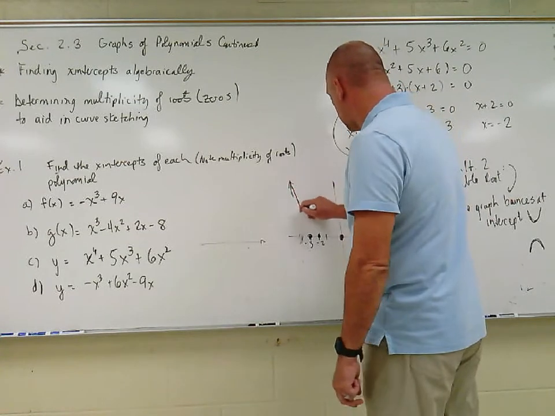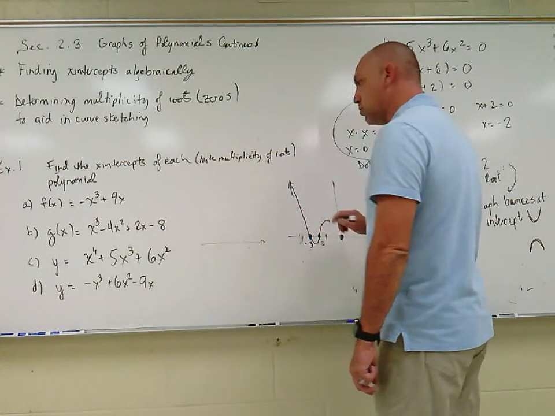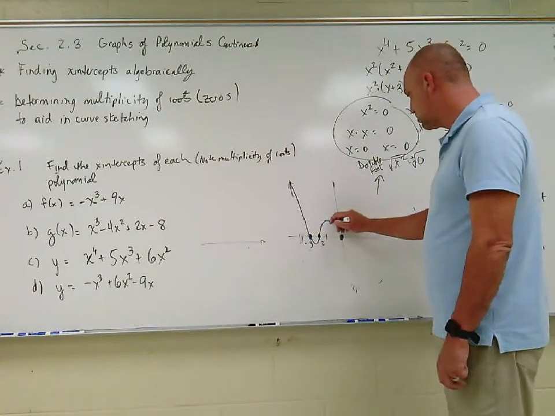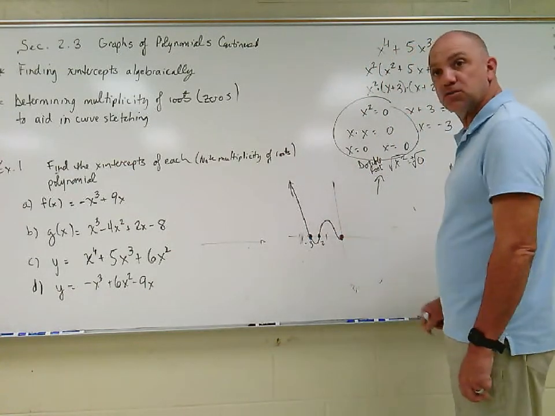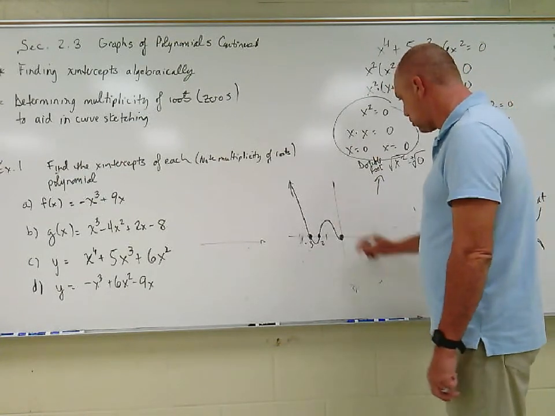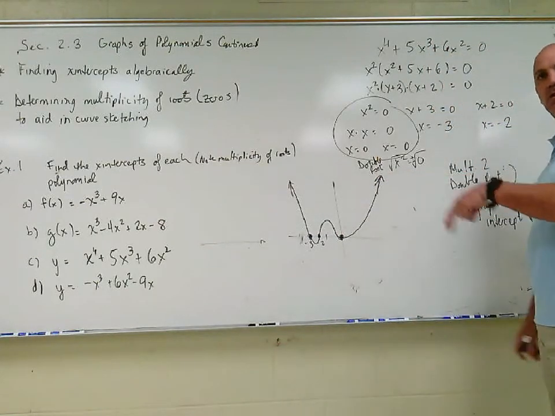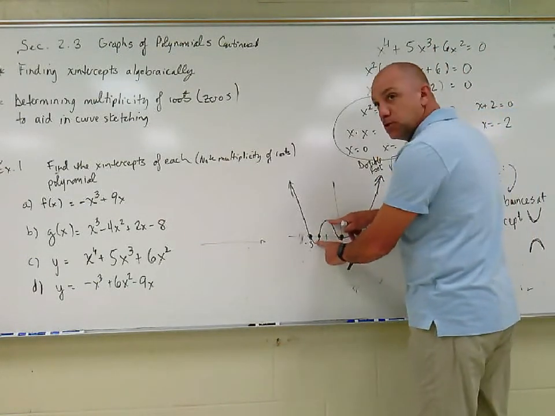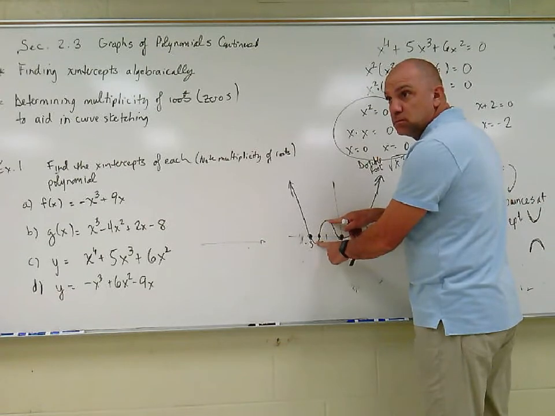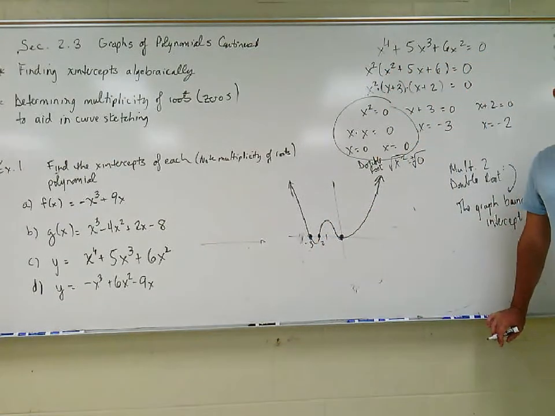I'll cross, turn, cross, turn, and I'm gonna do what here? Bounce. Because if I just cross it, the end behavior won't match. See? So I can't just go across, I gotta bounce one more time, it's kind of weird looking W shape. Now where do I put these two? I just use the force. I'll feel it, okay? Just try to make the graph go as good as you can there.